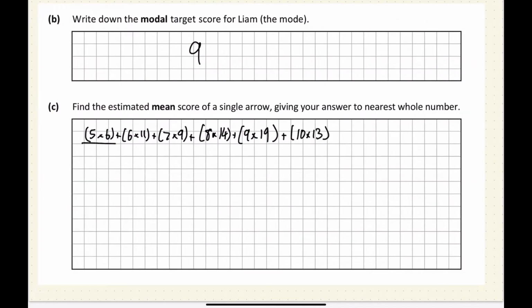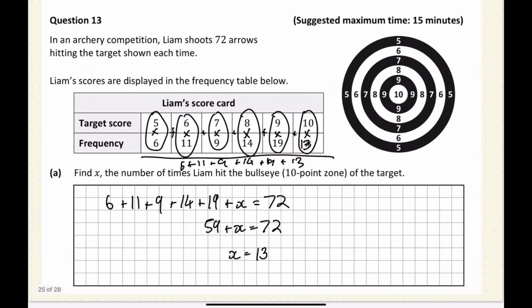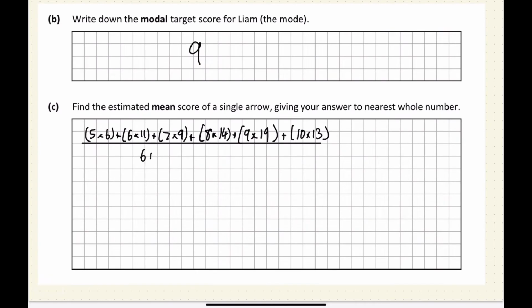All of this is going to be over 6 plus 11 plus 9 plus 14 plus 19 plus 13. But we knew this bottom part already because that's 72 arrows.